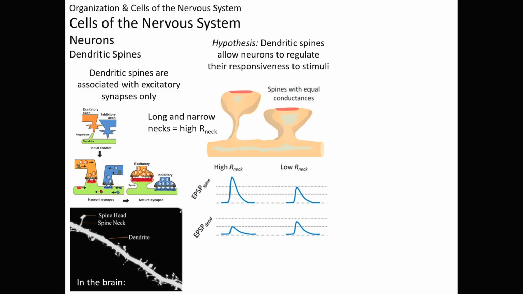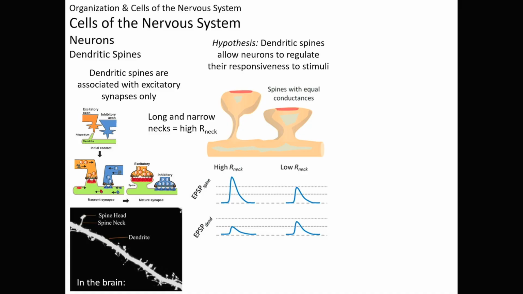And then, of course, it's from the dendrite that these signals would go to the axon hillock, and from there to the axon initial segment. So what they're showing us here, what they're telling us is that if you have a long, narrow neck, like this guy here, you have a lot of neck resistance, which means that the excitatory signal that's coming in here at the head is going to have a very hard time making its way through this long, narrow neck region to get to the dendrite.